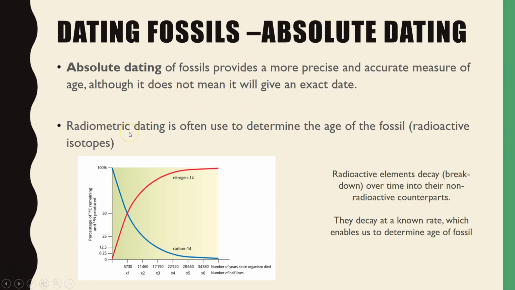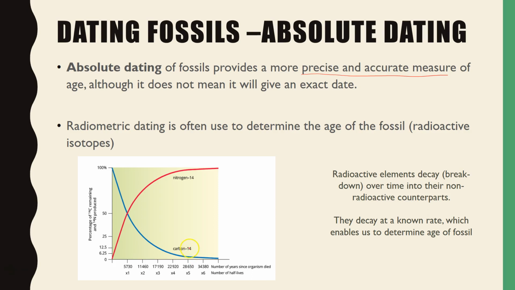Absolute dating, as I've already described, gives a more precise and accurate measure of age, but it's not an exact date. There is, of course, a limitation of this. One of the most common types of absolute dating is called radiometric dating. That uses radioactive isotopes. In the atmosphere, there are a number of isotopes, which are just forms of elements that are radioactive.